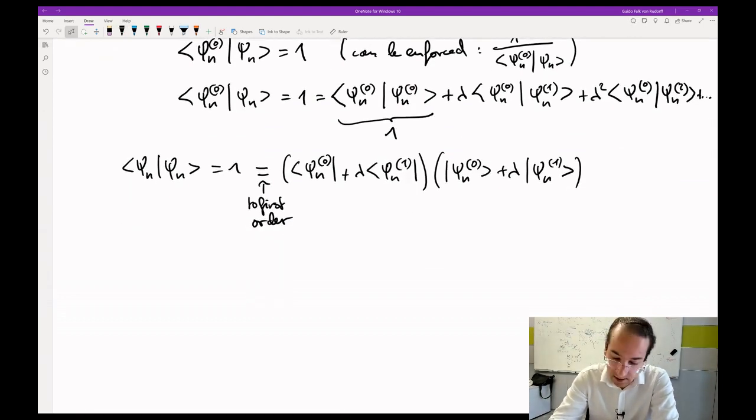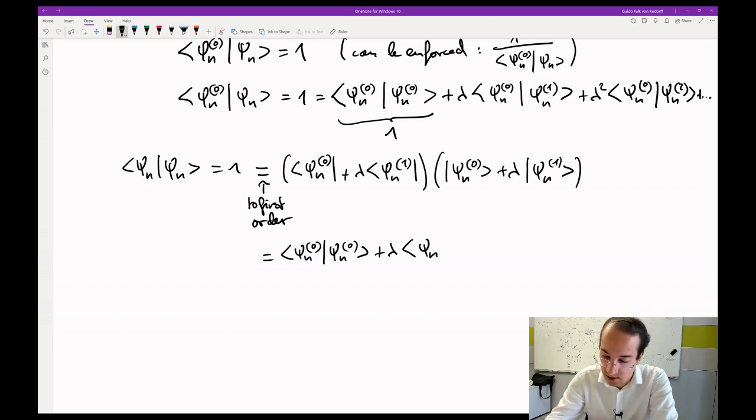Then what we get is <psi_n^0|psi_n^0> plus lambda <psi_n^1|psi_n^0>, that's now terms 2 and 3, plus lambda <psi_n^0|psi_n^1> plus lambda squared <psi_n^1|psi_n^1>.